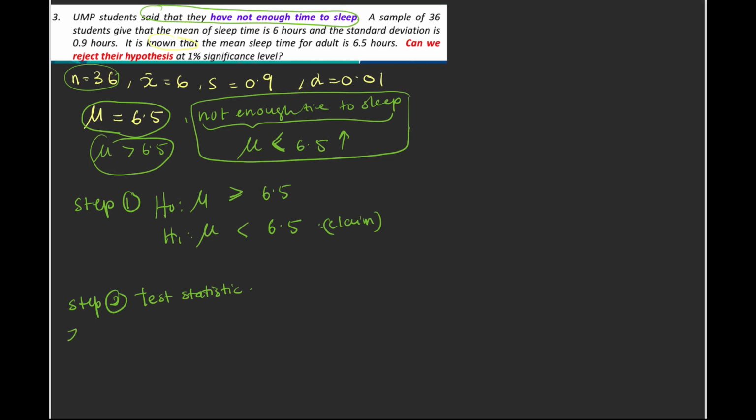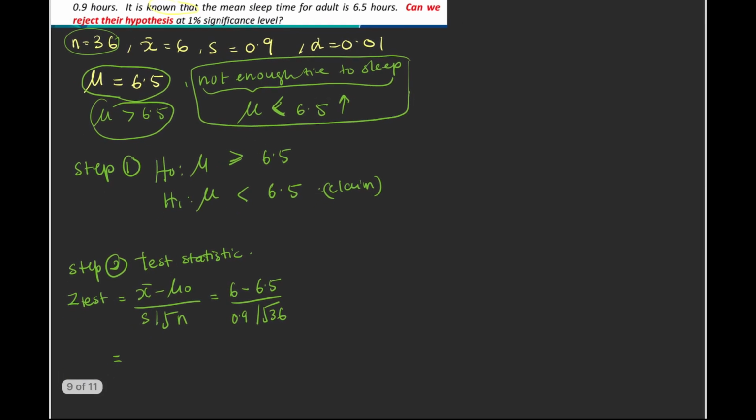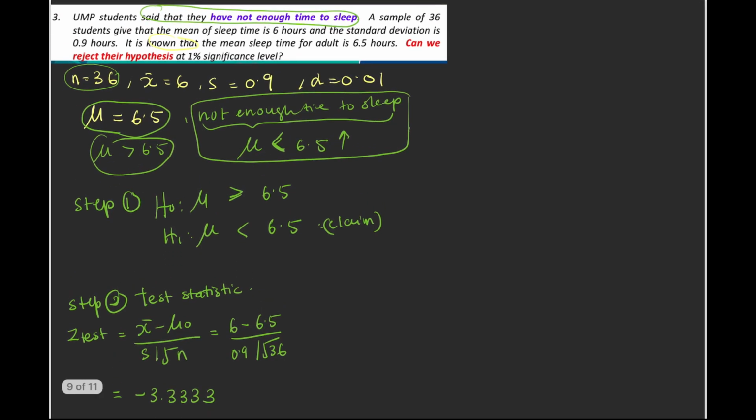The Z test equals X bar minus mu naught over S over square root N. Substitute: X bar is 6 minus mu naught 6.5, over S, where S is 0.9, divided by square root 36. Then you substitute into your calculator. You will get Z test equals negative 3.3333 to four decimal places.